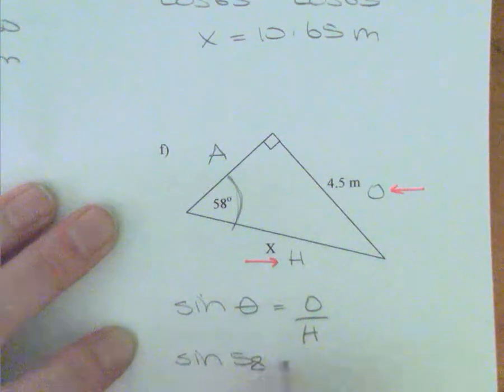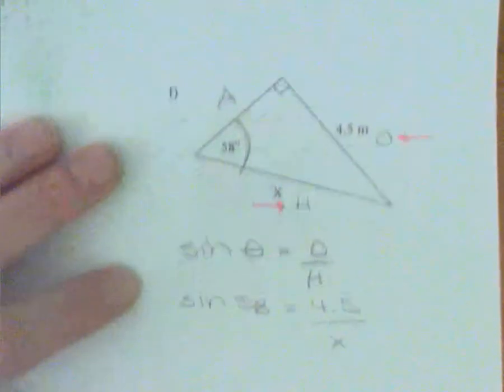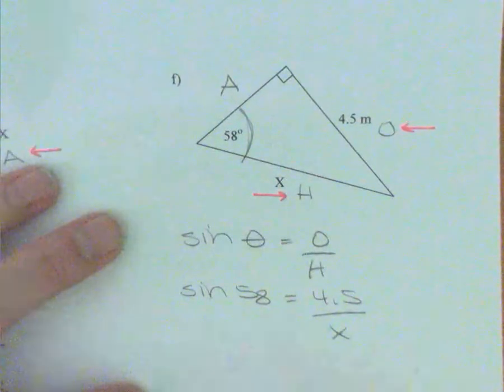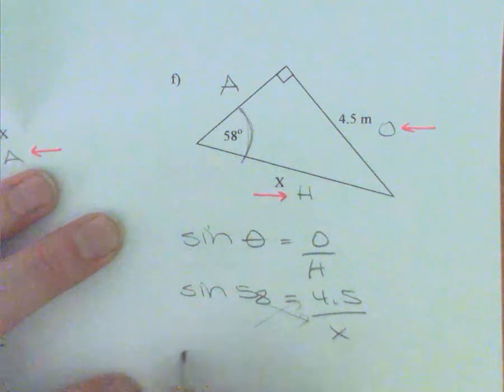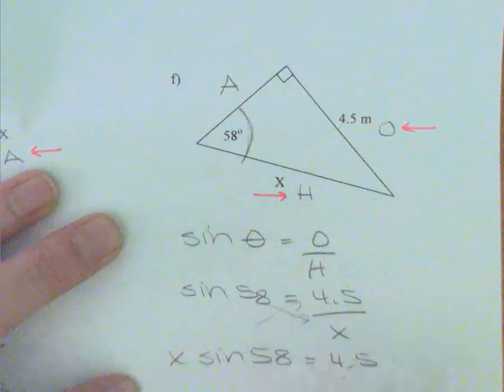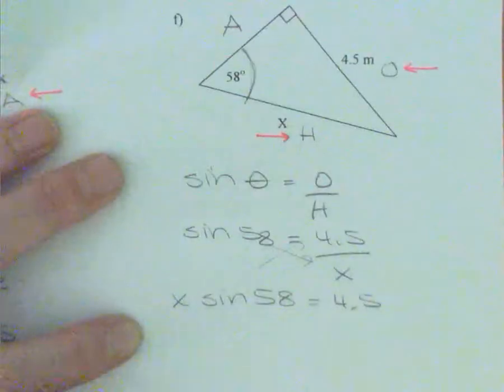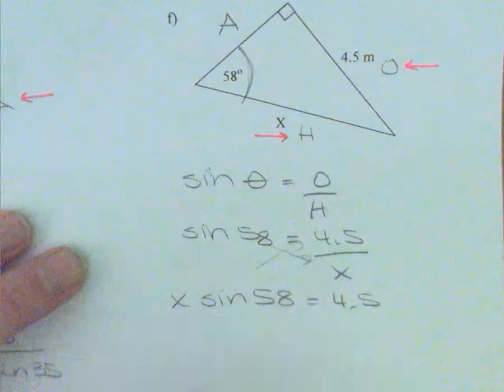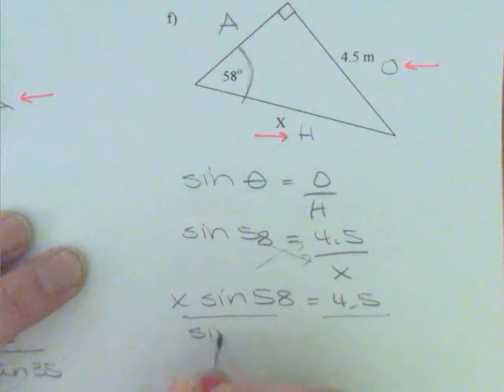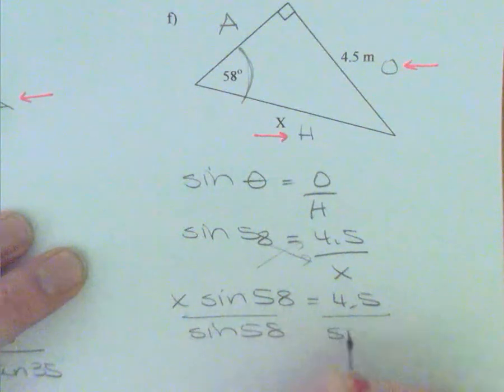So sine 58, opposite is 4.5, hypotenuse is x. So again, I cross multiply. I have x sine 58 is equal to 4.5. I want to isolate x, so I'm going to divide both sides by sine 58.